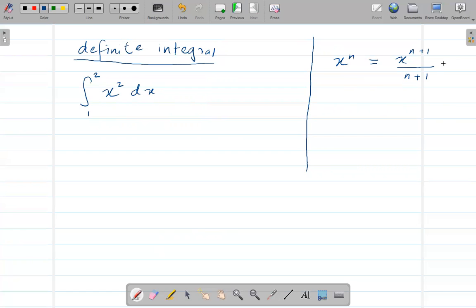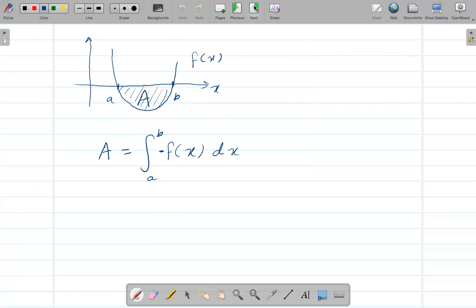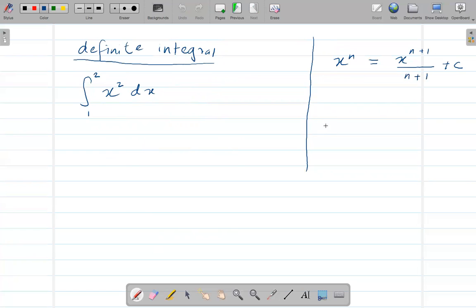And there I said we need to see c, right? The only time we need to see c is if we are dealing with an indefinite integral. Like I said here, this is an indefinite integral, where we don't have any interval.